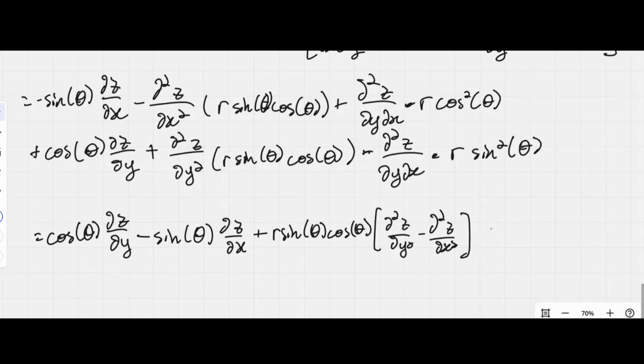And that is going to be added to the second order partial of z with respect to x and y multiplied by r cosine squared theta minus r sine squared theta.